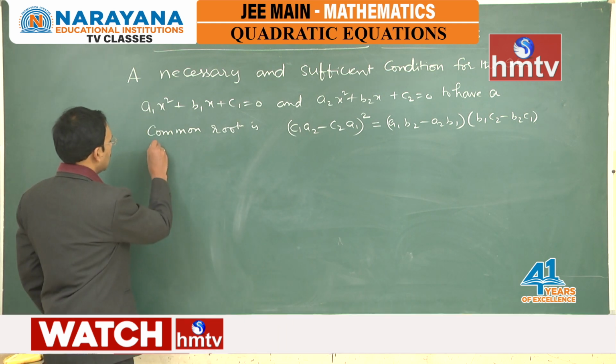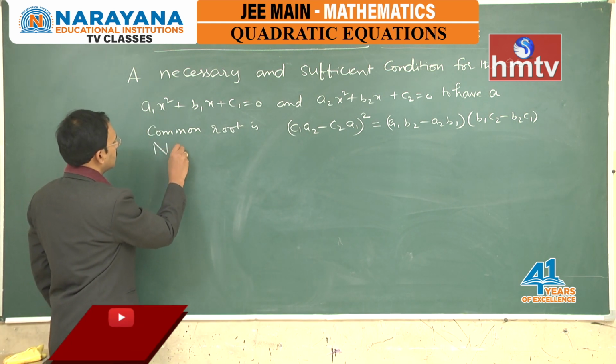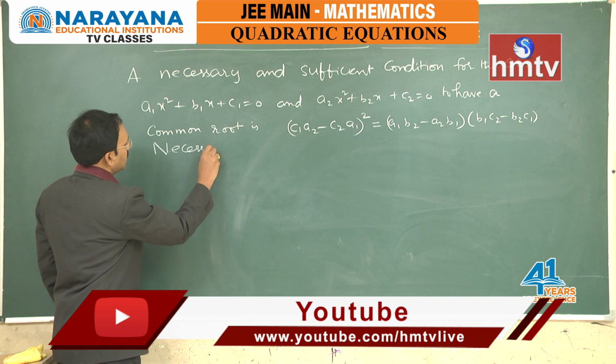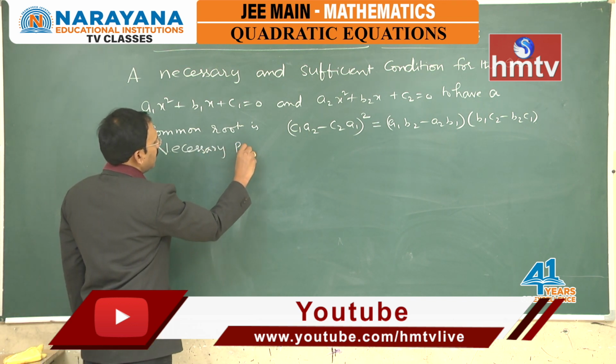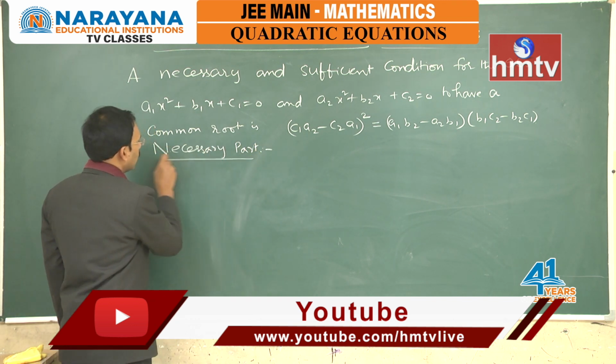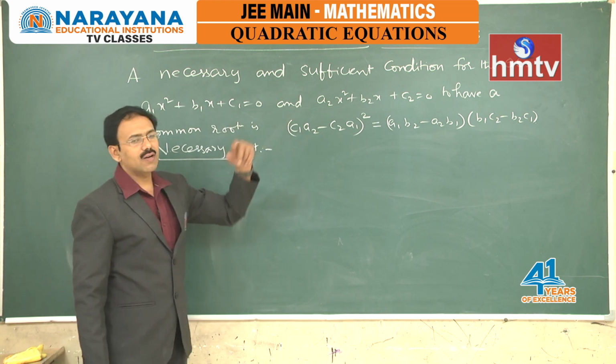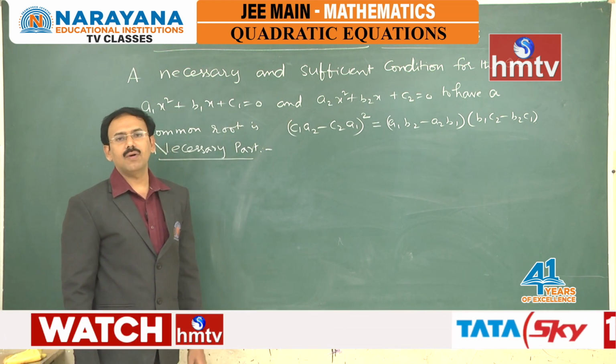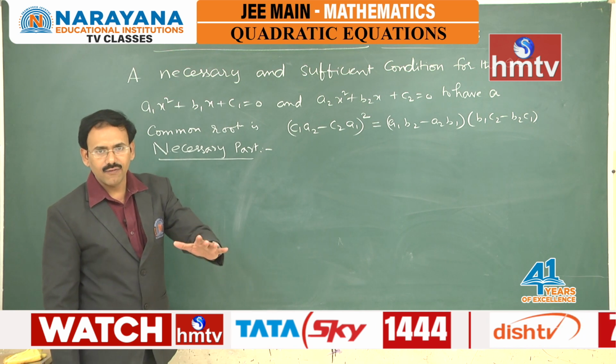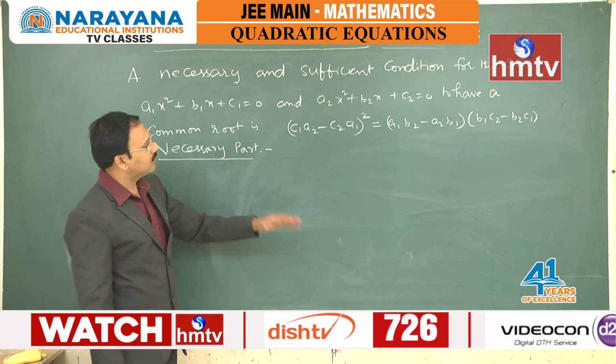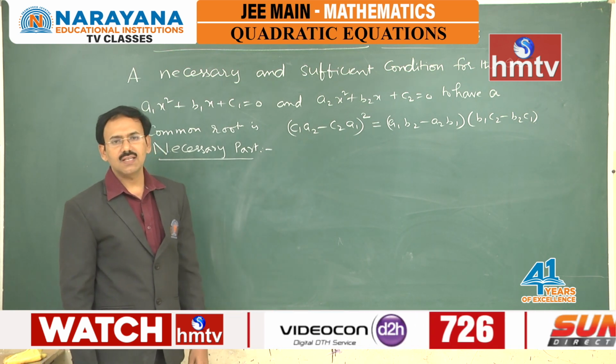First, let us see the necessary part. That means, suppose these two quadratic equations have a common root, say alpha. I am going to prove that this condition is necessary.